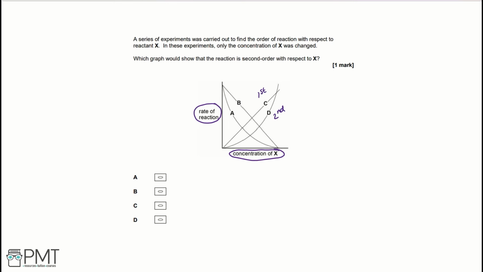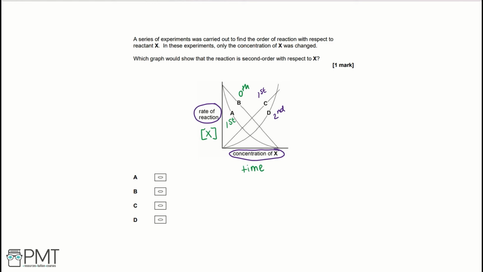But a lot of people would maybe not get this right, because if we had the y-axis being the concentration of X and the x-axis as time, that would mean that B is 0th order and A would be first order, and if it was slightly steeper, second order.